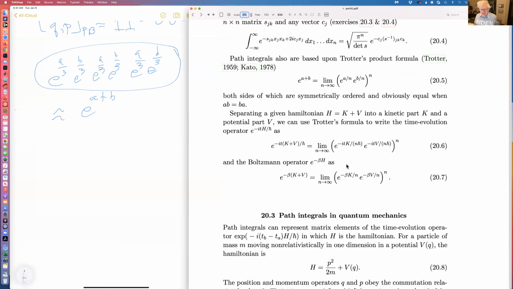Path integrals are based on quantum mechanics and statistical mechanics, but there are applications of this Trotter product formula, namely, you write the Hamiltonian as a momentum part and a position part or a potential part, in other words, kinetic energy and potential energy, or you just split it any way you want, whatever's convenient mathematically.